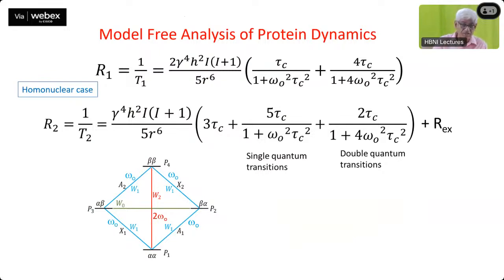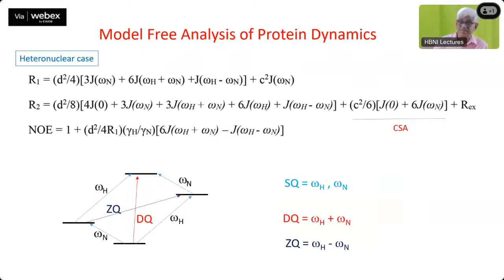This is for the homonuclear case. In the case of heteronuclear experiments, which is what one mostly uses for proteins, it will be like this. For the heteronuclear case, R1 is dependent on several spectral densities. You have the spectral density at frequency omega N. We are talking about a nitrogen-proton system, an N15 labeled protein.